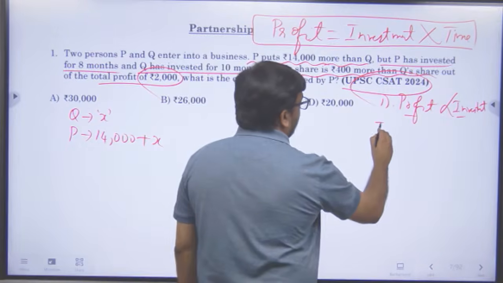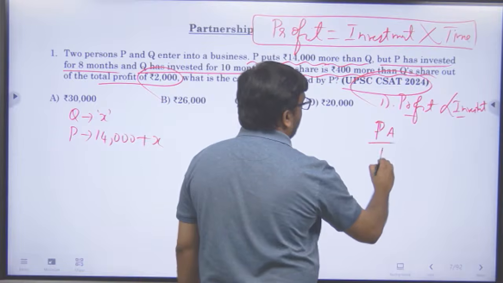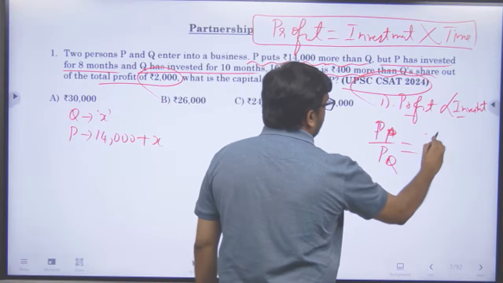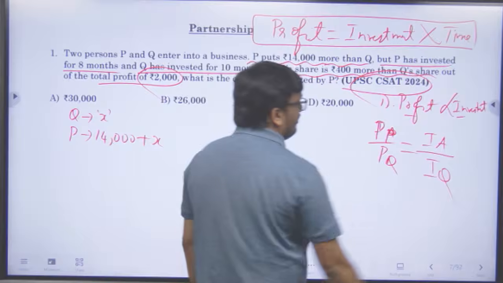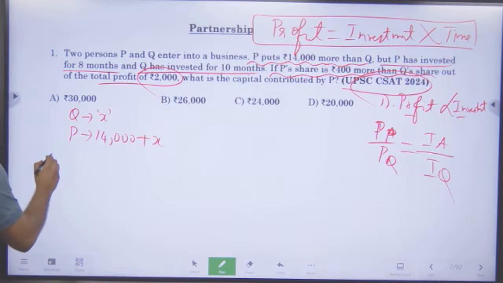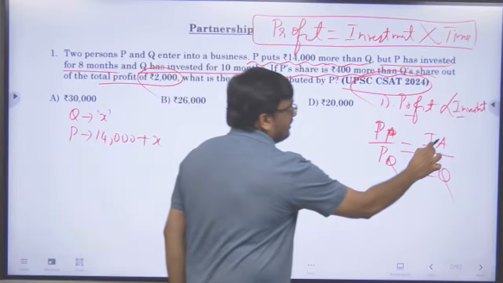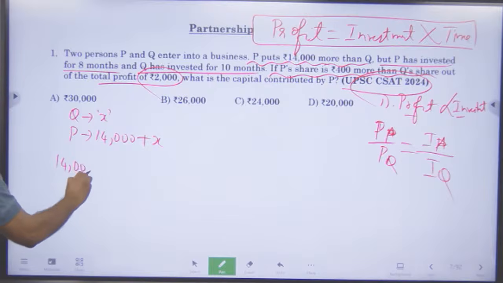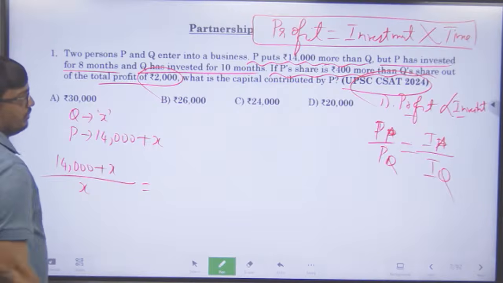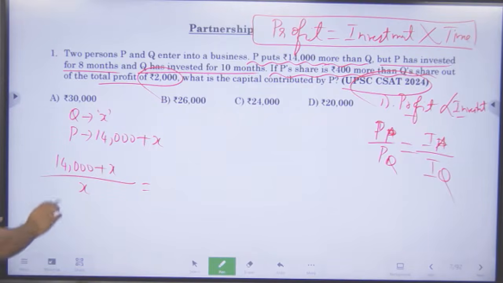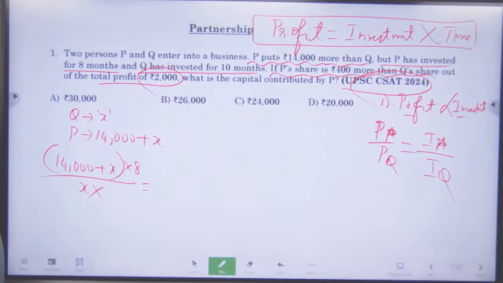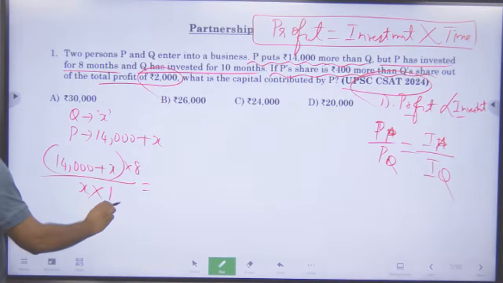Then profit of A by profit of B, but here it is P and Q. Profit of P by profit of Q is equal to investment of P by investment of Q. So investment of P means what? 14,000 plus X by investment of Q, that is X, is equal to profit of P by profit of Q. Carefully observe, P has invested for 8 months, Q has invested for 10 months.